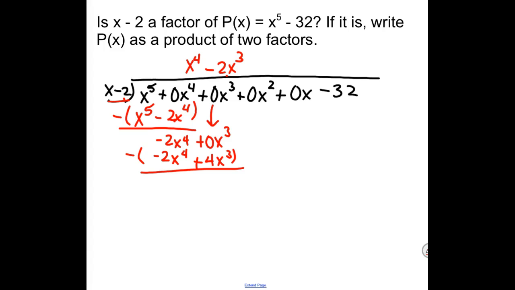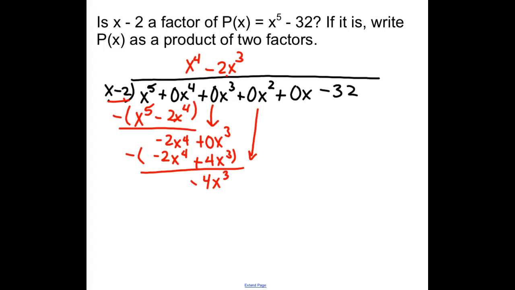Does my first column go away? Okay. My second column, I have 0x cubed. I'm subtracting 4x cubed. We get negative 4x cubed. Okay. Bring down our next term. I'm going to pause the recording. You guys go ahead and try this.